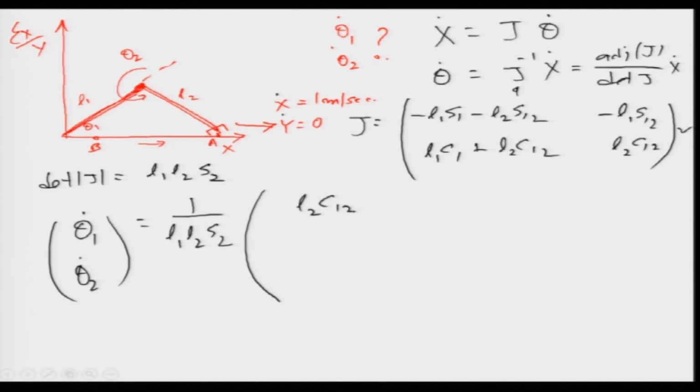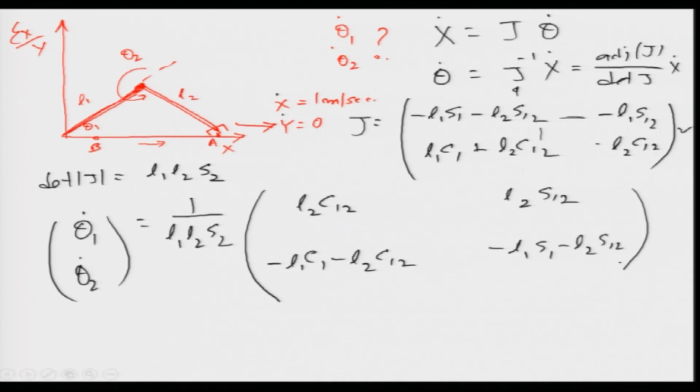You know how to get it: for the first term, the original term is not considered, only the diagonal opposite term is considered, and we bring it there. So, L2 cos theta 1 2, the second term here is L2 sin theta 1 2, and then minus L1 cos theta 1 minus L2 cos theta 1 2, and minus L1 sin theta 1 minus L2 sin theta 1 2. So, we get our terms.